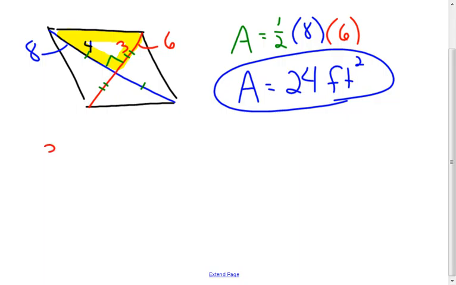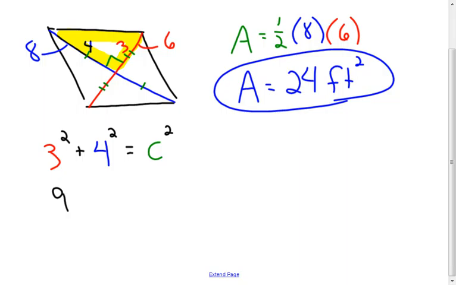So I'd have my a squared plus, then I'm going to have my b, which is 4 squared, and then that's going to equal the hypotenuse of my triangle, which is going to be c, which is one of the sides of my rhombus. Solve this little equation, and I'm going to know the length of each side.